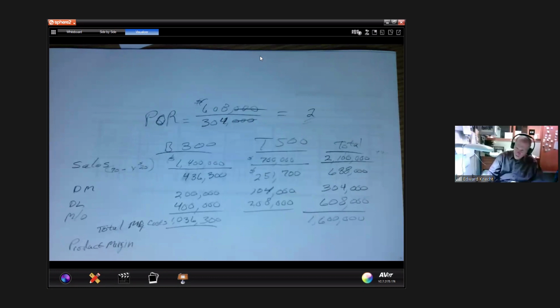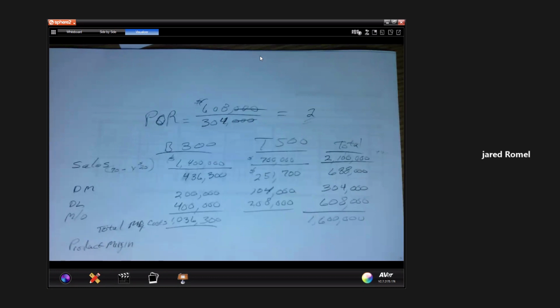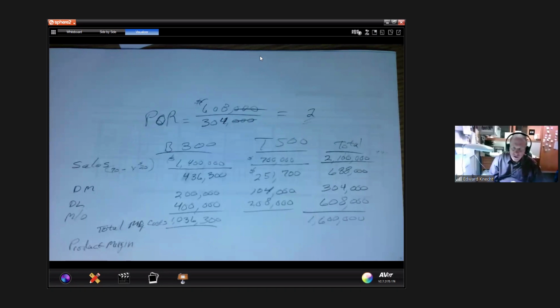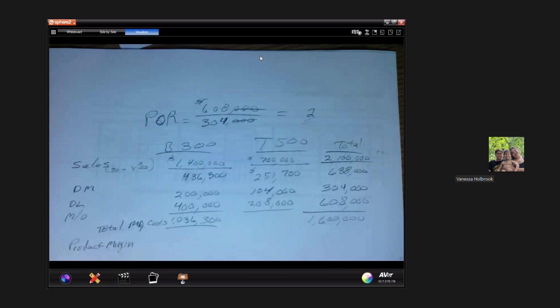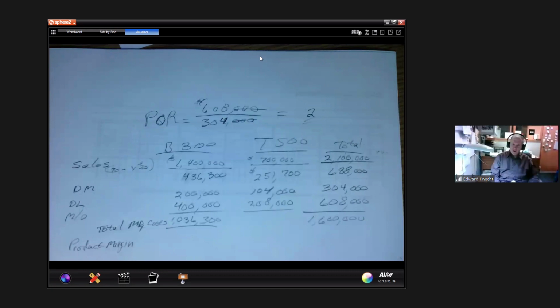But this is just traditional, right? Yeah, this is what we've done in the past. So they're comparing what the traditional costing method gives for this problem, and then now we're going to change it. Let's do it under activity-based costing and see if we see a difference.